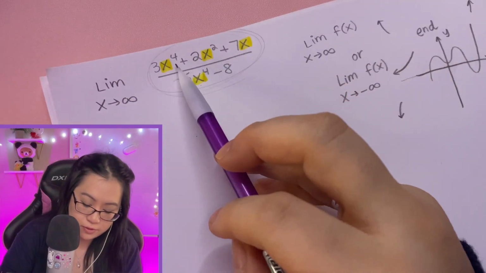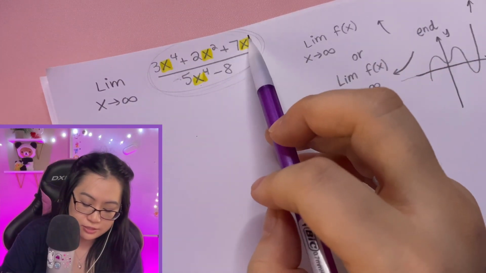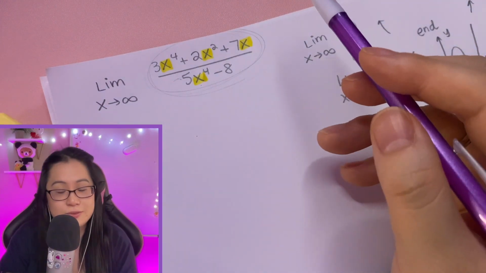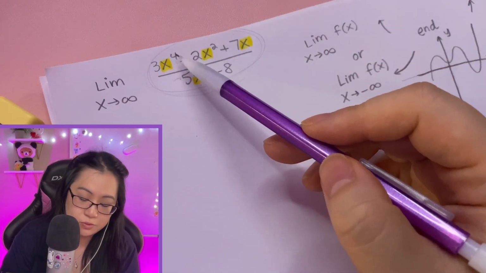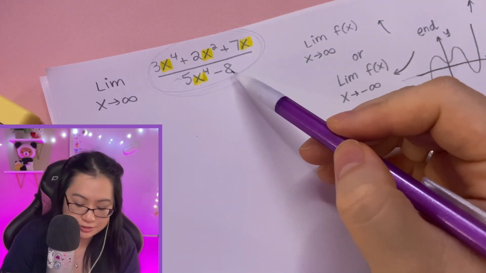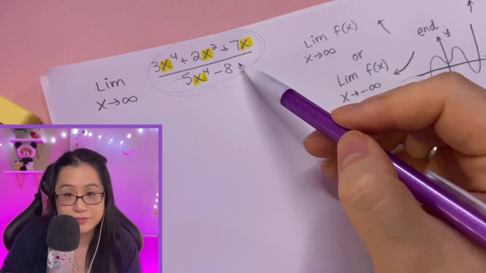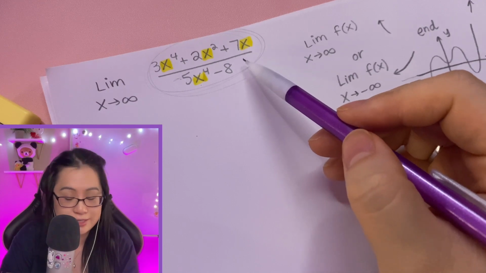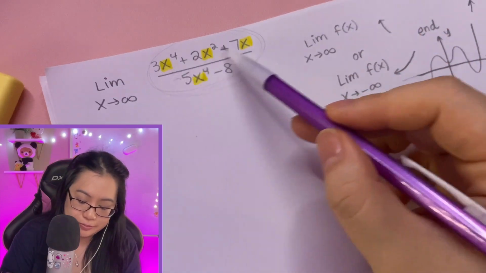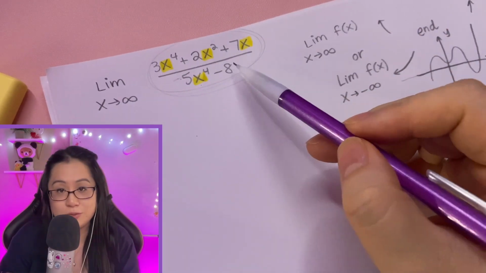So we have a 4, we have 2, this is a hidden 1, there's a 4 here, so no fractions, no negative numbers, just whole positive numbers. And this constant is just like having an x to the power of 0, because x to the 0 is 1, and that's just 8 there. So this is a polynomial, and this is a polynomial.